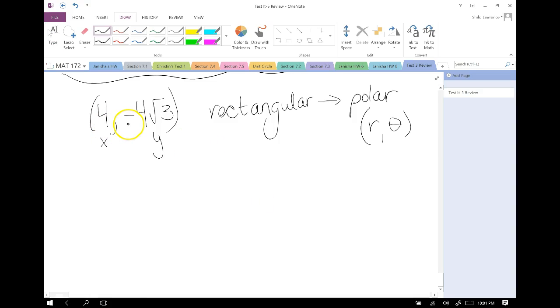So that's a positive X and a negative Y. Positive X means to the right, negative Y means down. So we're going into the fourth quadrant. 4 radical 3, that's between 6 and 7, I think. Yeah, it's almost 7.